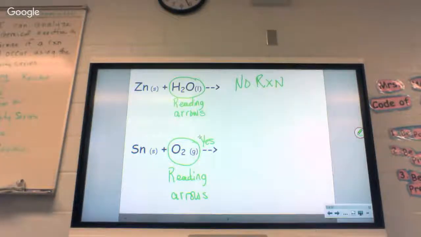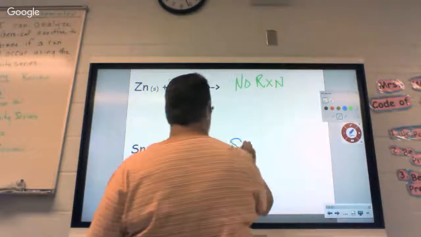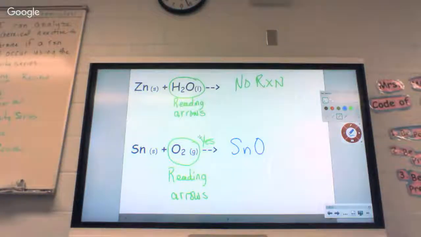So if it is synthesis, what should we do with these two elements? Combine. So we're going to put them together and make an SnO. Now, this is one of the elements that has more than one oxidation number. Did I tell you which one to use? No, it's got a 2 and a 4. Which one do you want to use? I'll let y'all pick.